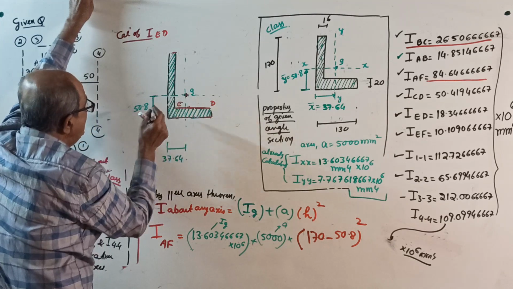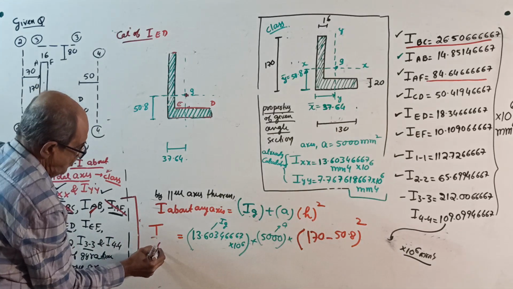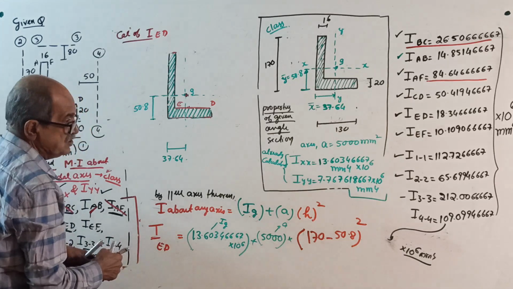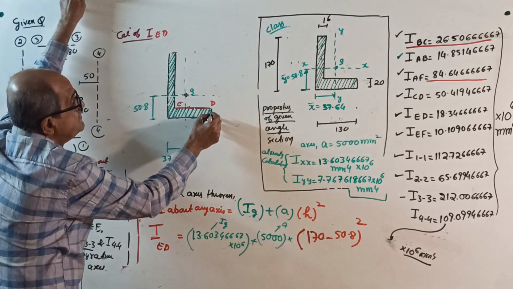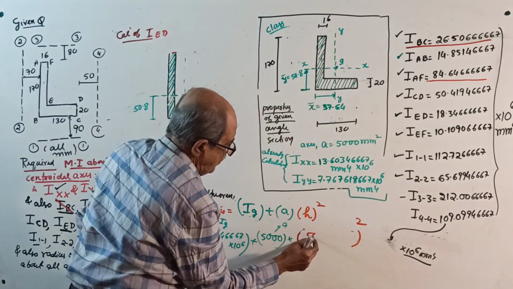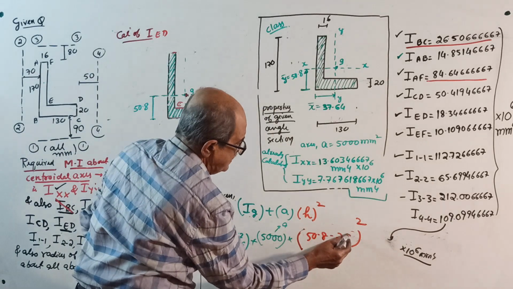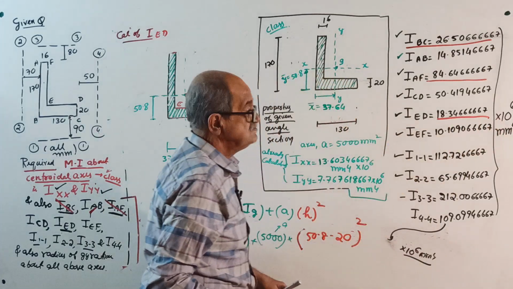I should change it, this I forget sometimes. I about ED, understood? If I don't change it, you change it. This distance is 50.8 minus this thickness, 20. It is 50.8 minus 20 whole square. Calculate, my guarantee, this answer.